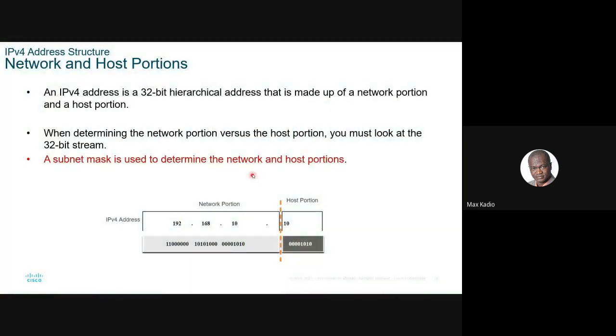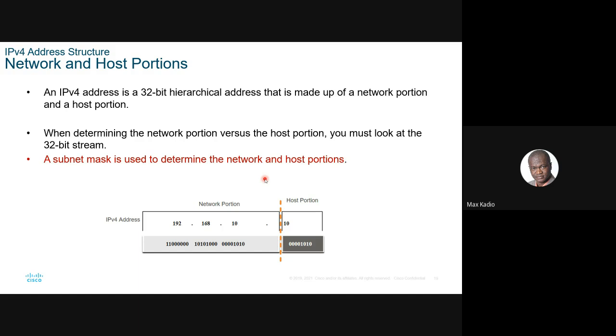So quickly, anytime you have an IP address like this one, 192.168.10.10, you always have something called the network portion and the host portion. It's like families. You have a name and surname.